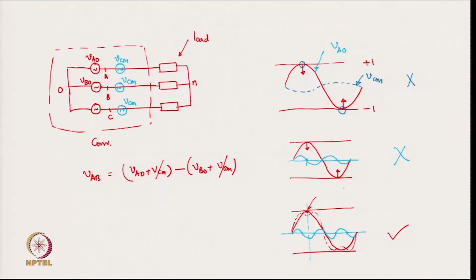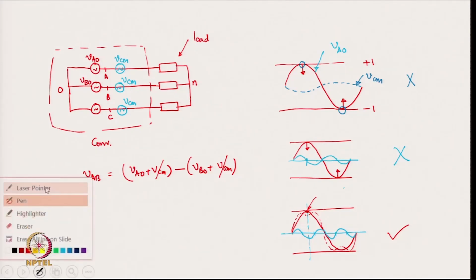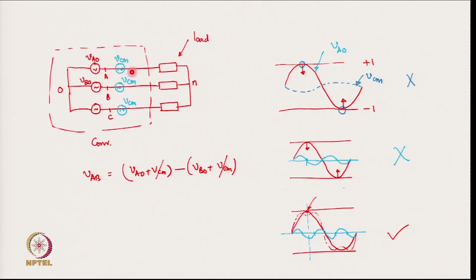So, we see that in this circuit, the addition of the third harmonic here, the addition of the VCM as a third harmonic helps us to push the resultant waveform a little bit down from reaching the +1 and -1 at modulation index 1.